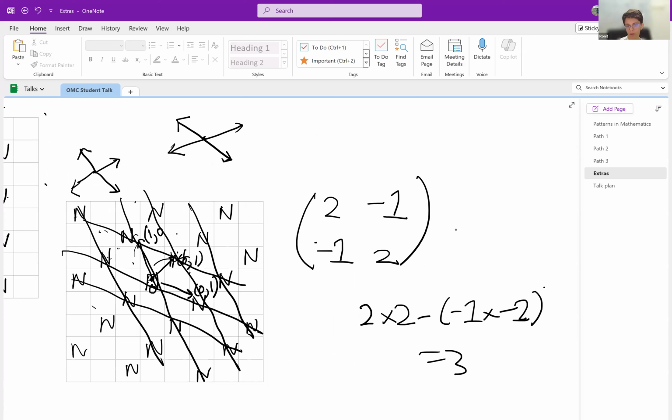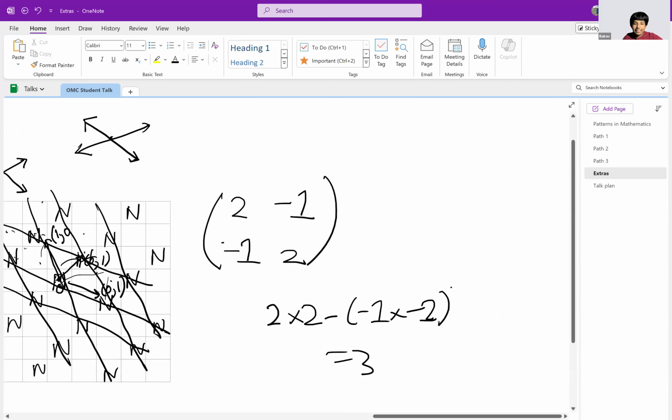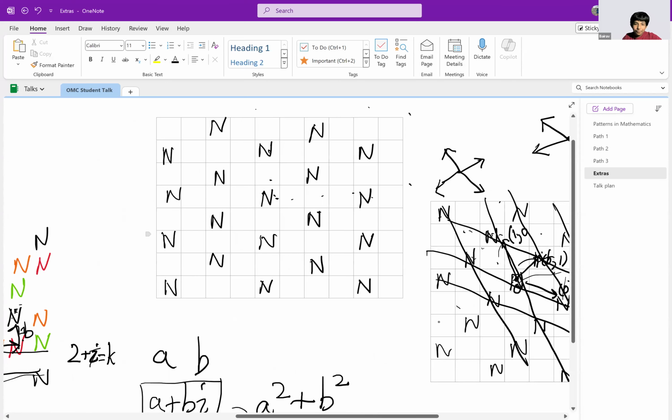So you're squaring this matrix, you're multiplying it with itself? No, we are just taking the matrix of the linear transformation and getting the determinant of it, which is 3 in this case.